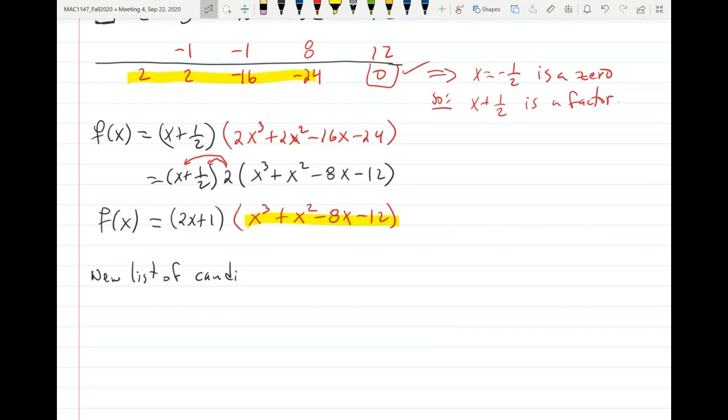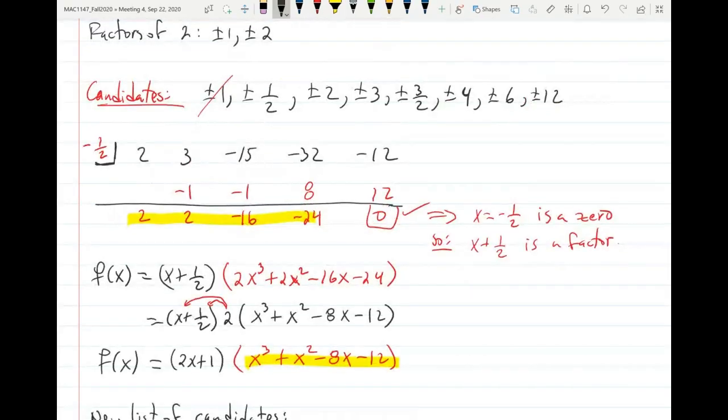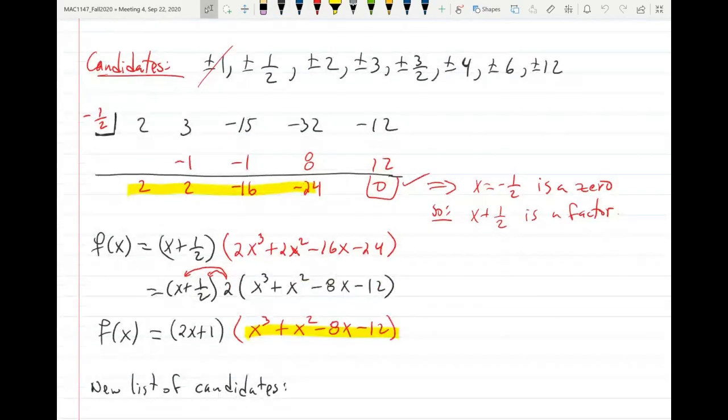Okay, so let's write down the new list of candidates. We know plus or minus 1 doesn't work because it did not work at the beginning. It's not going to work now, because any zero of the red polynomial has to be a zero of our polynomial. So we ignore plus or minus 1. We ignore plus or minus 1/2. Now let's be careful. The reason I'm ignoring positive 1/2 is that it was not a zero originally.